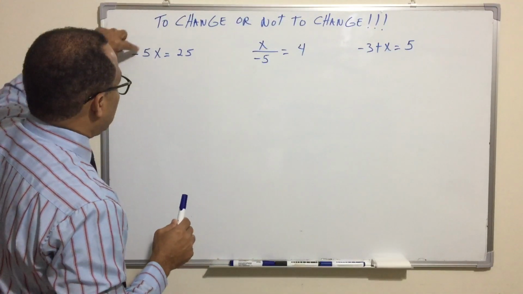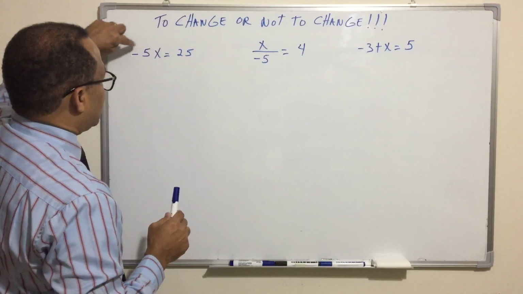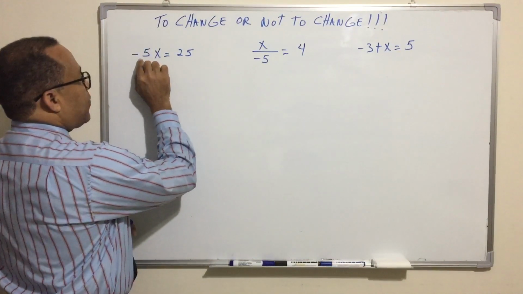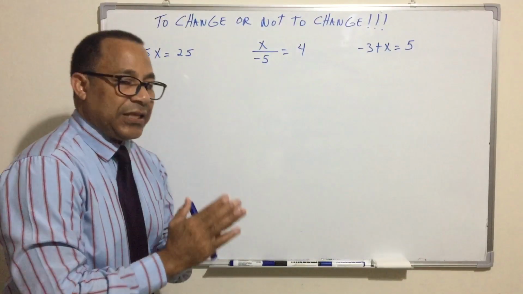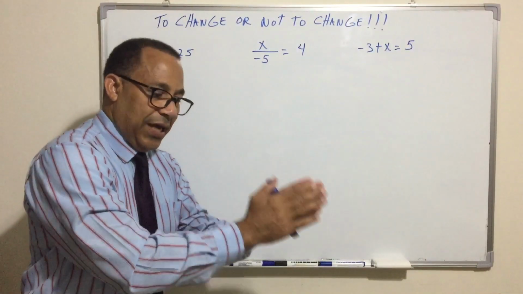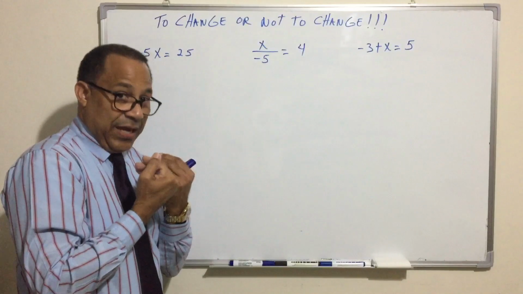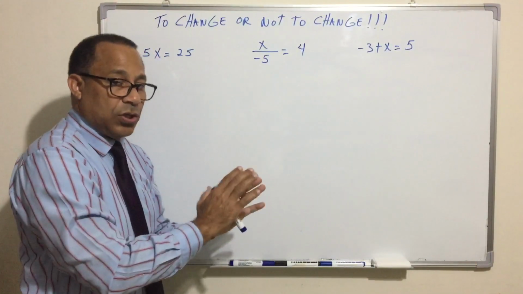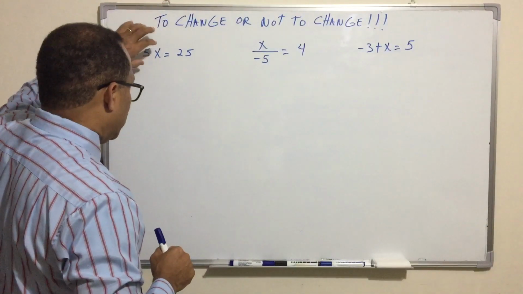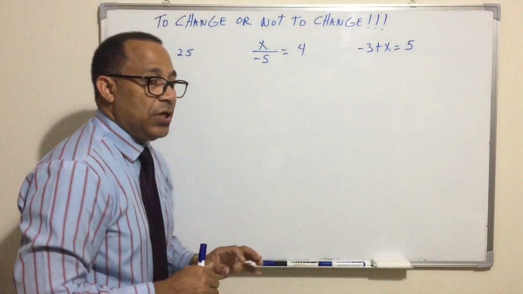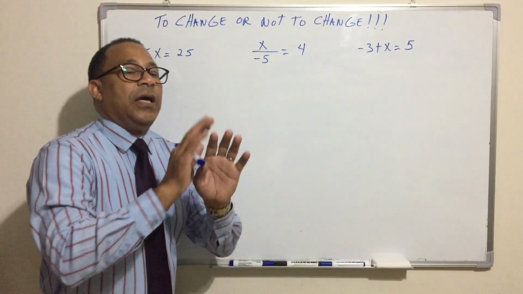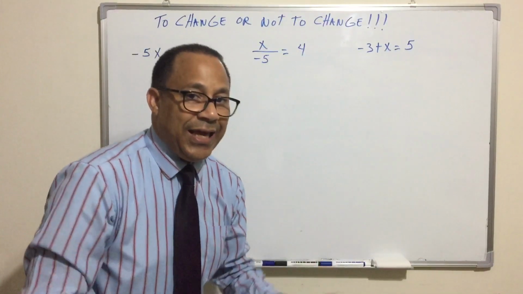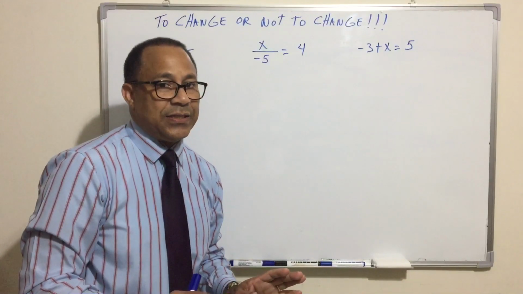This is a multiplication, because negative 5x means negative 5 times x. I said times, which is multiplication, and the opposite of multiplication is division. So when moving this term from this side to this one, it goes dividing without changing any sign that it has.